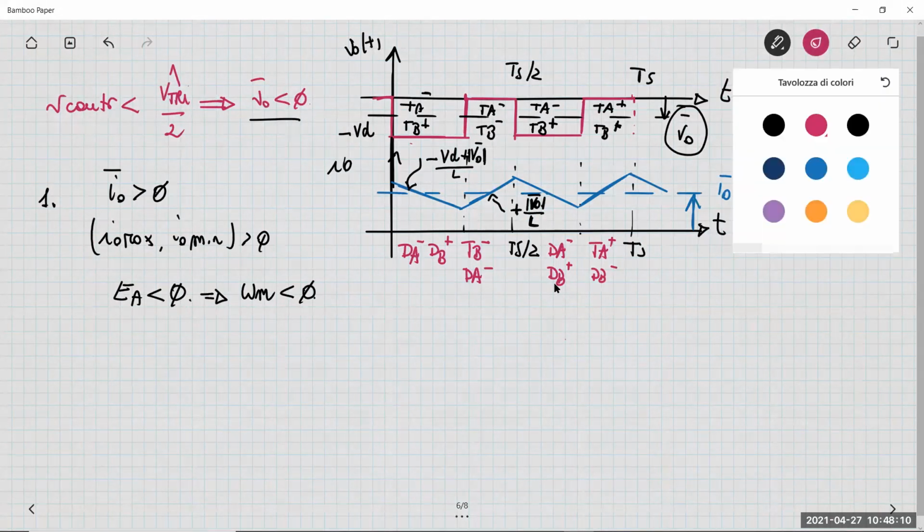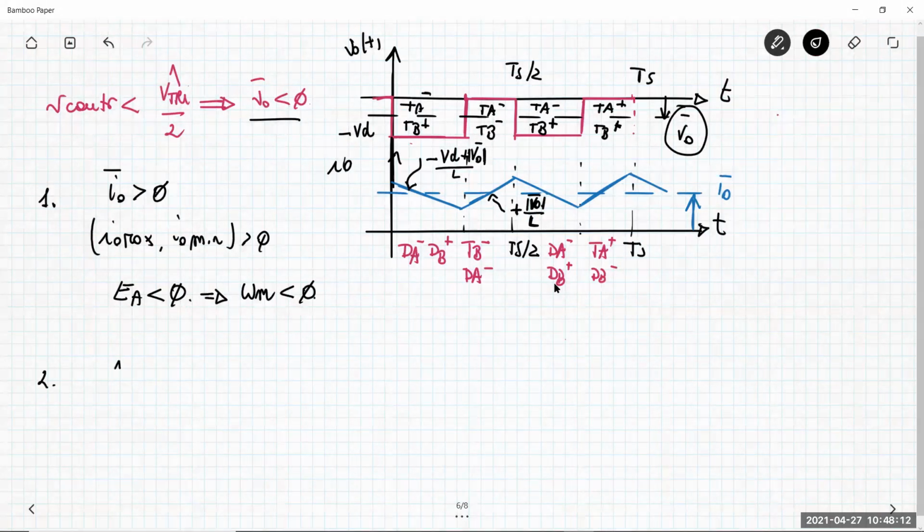Then you have again the situation number 2, in which the current is positive, but not the whole current, the instantaneous current is positive. So for example, the peak value is positive, but the minimum value is negative.